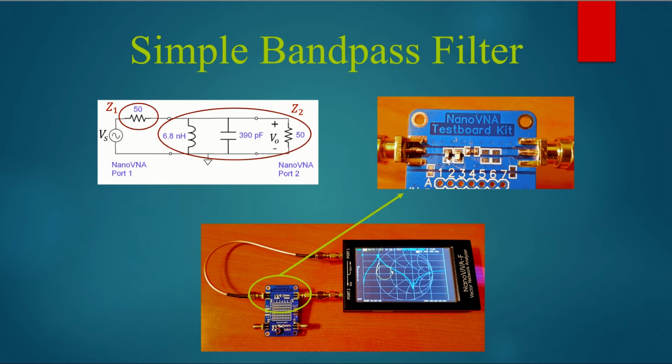The bandpass filter is constructed as shown in the upper right here. You can buy these boards for, I don't know, $10 or something, and that's a really good thing to do if you want to make this stuff come alive for you. You can go out and buy one of these, get one of these network analyzers, put stuff together and start trying to work with it. Now, the inductor and capacitor are these 2 elements here. I bought a small surface mount component kit and selected values according to the theory that we're going to go over, especially in part 2 of this.